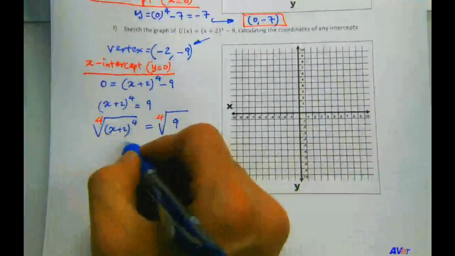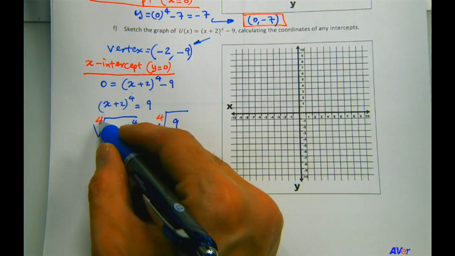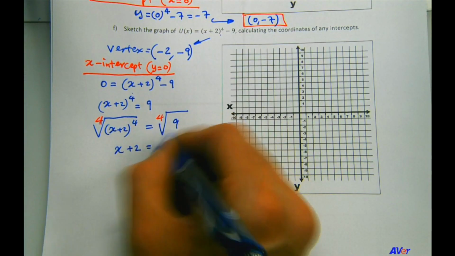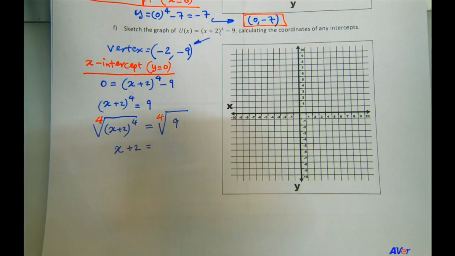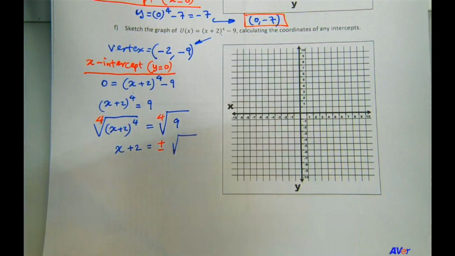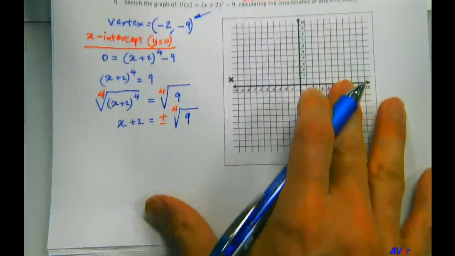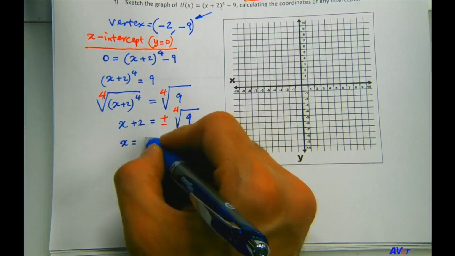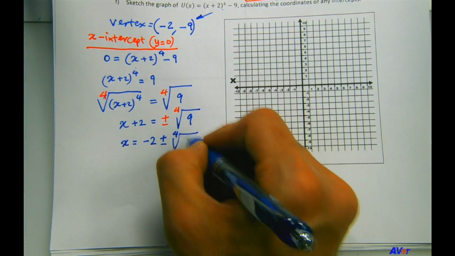So on the left, things become very, very easy because the power and everything is gone. This 4th root and this power cancel each other out. We end up with x plus 2. On the other side, because it's the even root, we have plus or minus 4th root of 9. So then we have x equals, move this negative 2 to the other side, becomes negative 2, minus 2 plus or minus fourth root of 9.